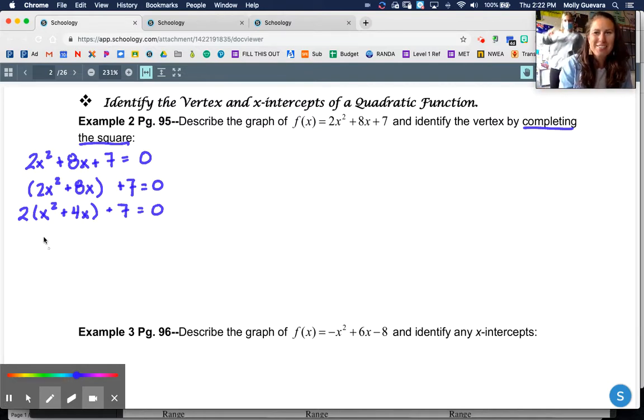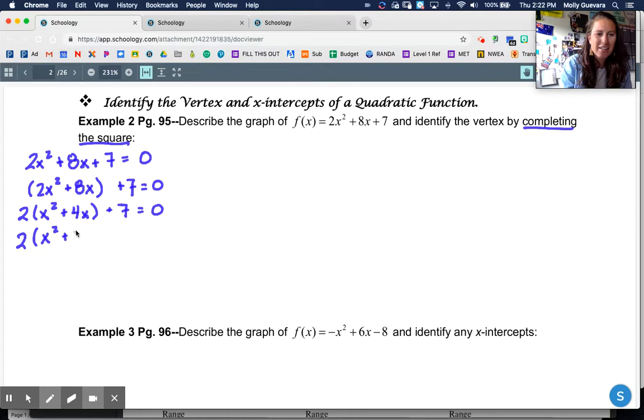All right, so now what our goal is to have a perfect square here so that I can factor. So I'm going to want to add something here so that what's in the parentheses is factorable.